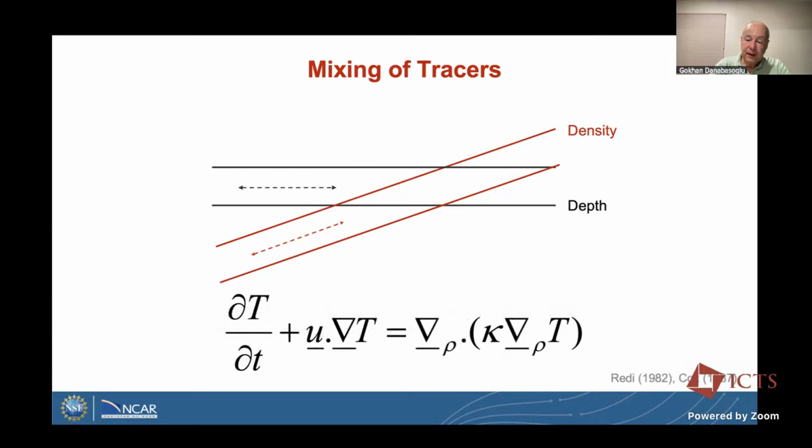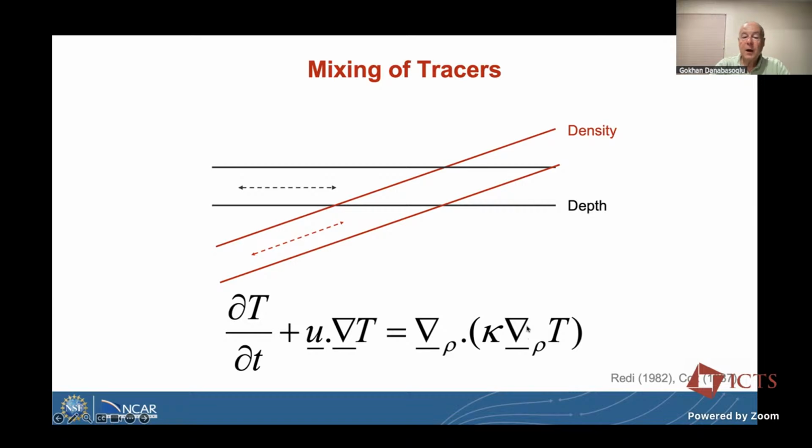In the early to mid 1980s, this was recognized. The tracer equation, the bottom equation here, is for tracers. T can be temperature or salinity, and what we are dealing with here is the right-hand side of this equation.